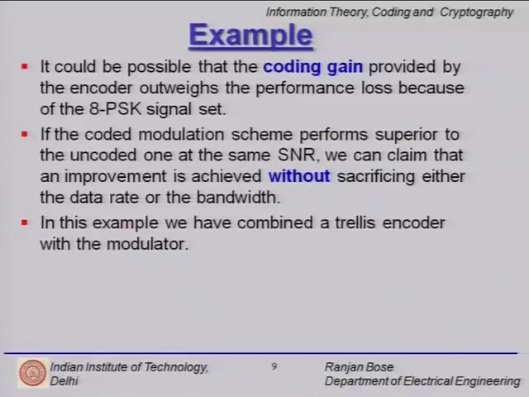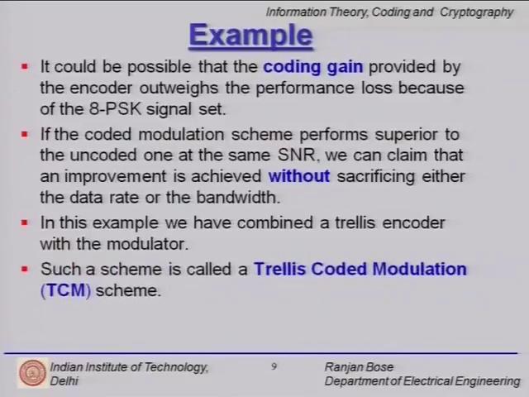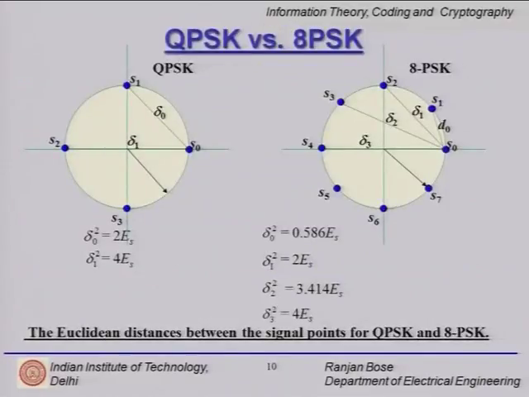So, in this example, we have combined a Trellis encoder with a modulator, and hence we have looked at combined coding and modulation. This scheme is called a Trellis coded modulation, or TCM for short. So, let us look at QPSK and 8 PSK a little bit more carefully.